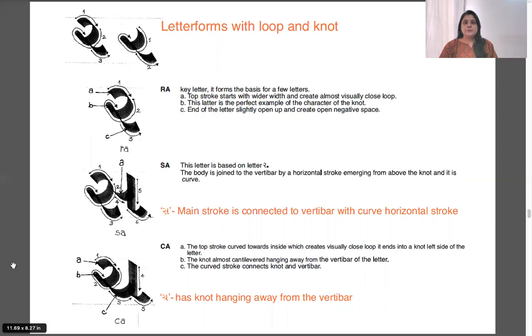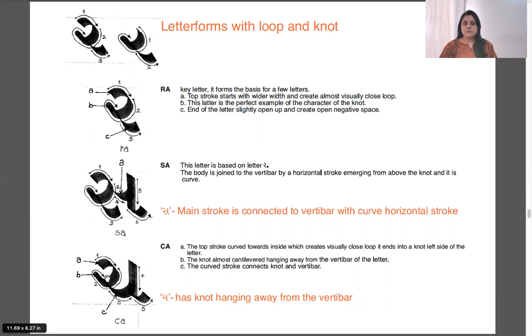These letter forms are with loop and knot. This is letter R, which is the base of other letters of this group. This is letter S. It is connected to the vertebra with a curved horizontal stroke.